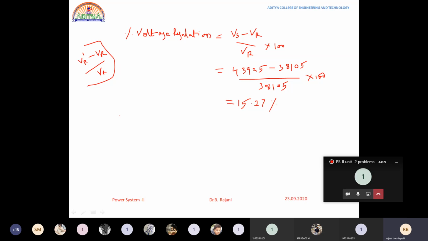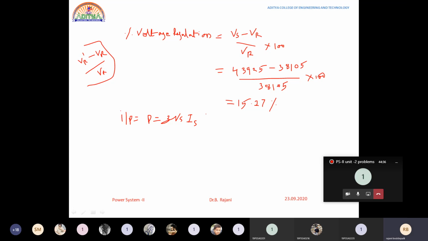Efficiency is output by output plus losses. How to find the losses? Either by finding the input or by finding the losses, we'll get the answer. If I find the input, P is equal to 3 into Vs Is.